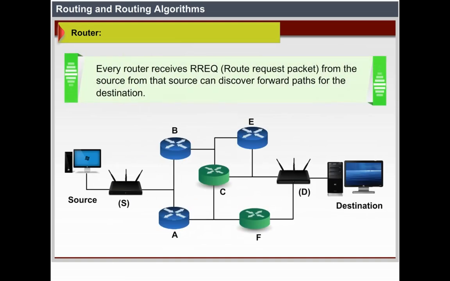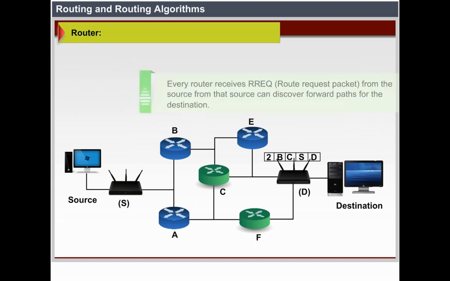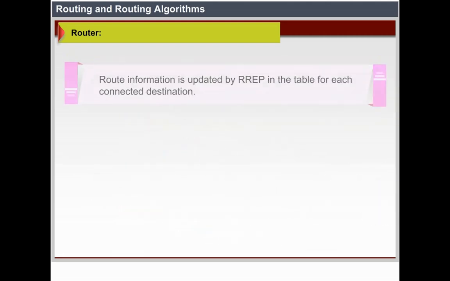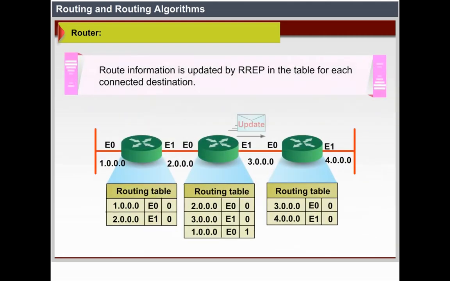Each router receives RREQ, the route request packet, from a source so the source can discover forward paths for the destination. The router caches the RREP, the route reply packet, from reverse paths from the destination. Then it updates the route information in the table for each connected destination.